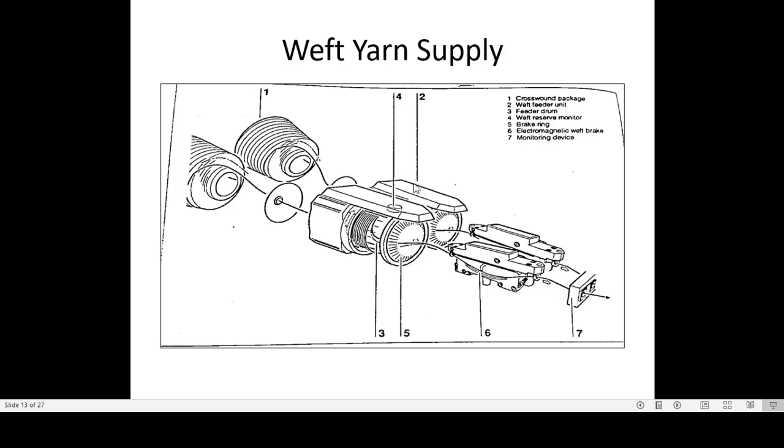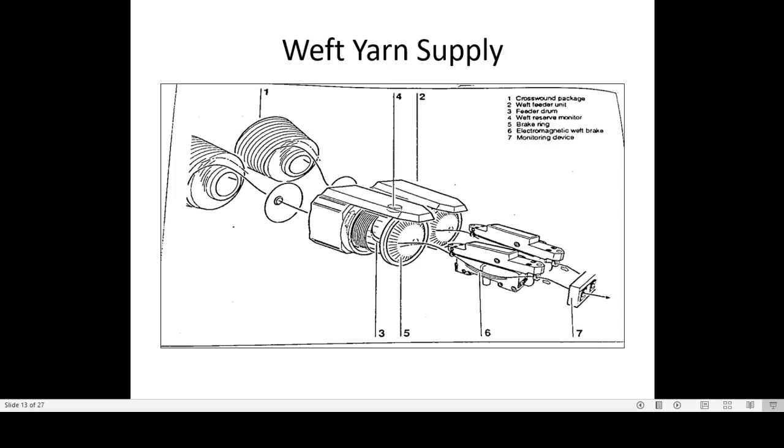So this winder works when picking is not taking place, and the winder stops. Coiling of the weft on the drum stops when picking is taking place. So this is the intermittent motion of the accumulator, the start and stop motion of the winder. The winder works when the rapier is not in the width of the fabric.